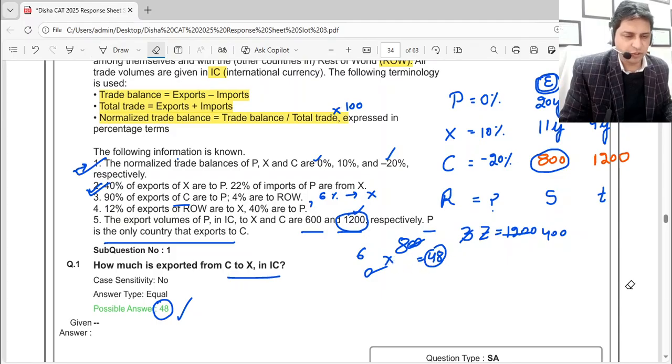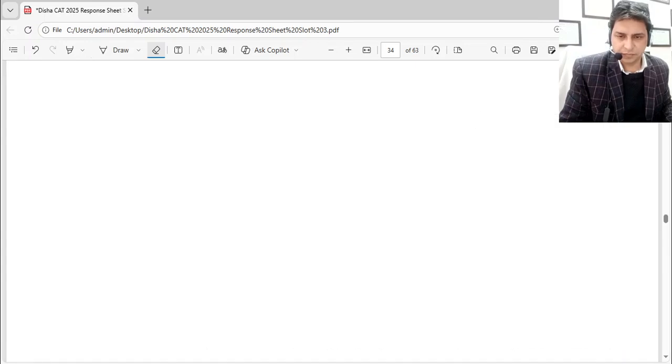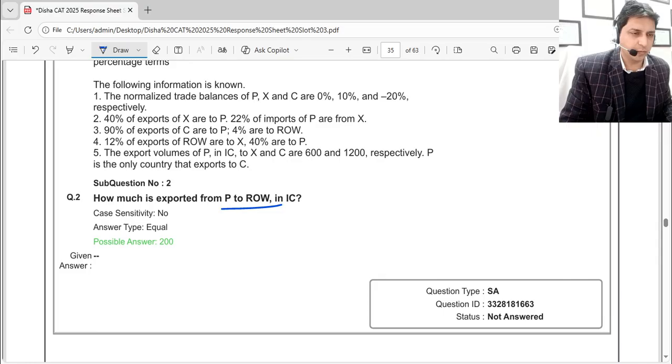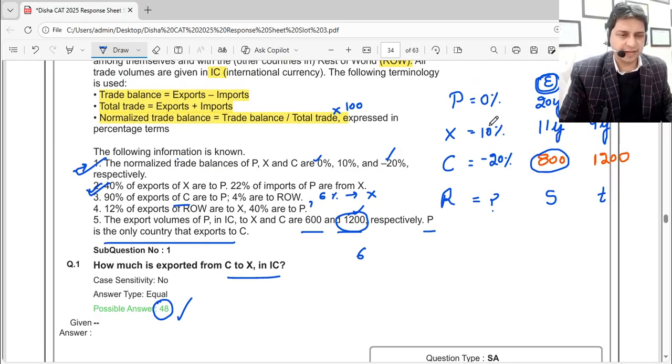Now let's look at the next question. The next question is how much is exported from P to ROW? Now P to ROW, how much is being exported? Let's check where P's total export is going. Now P's total export is 20Y.